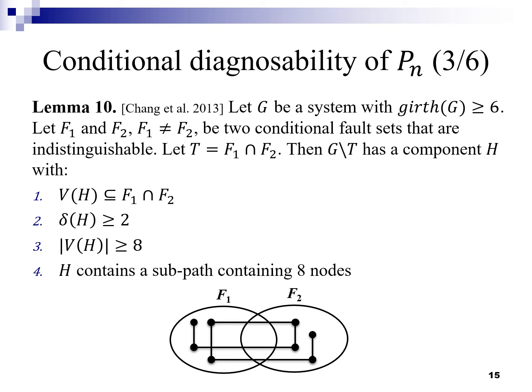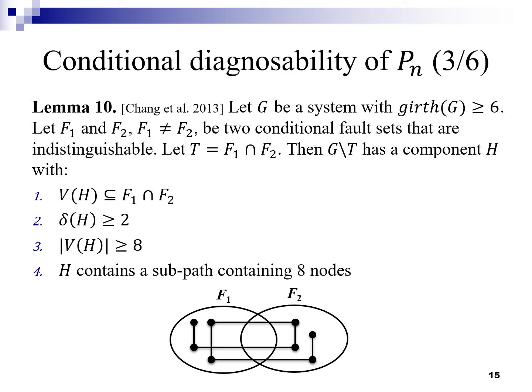The first, the vertex set of H is located in the intersection of F1 and F2. Second, the minimum degree of H is at least 2.